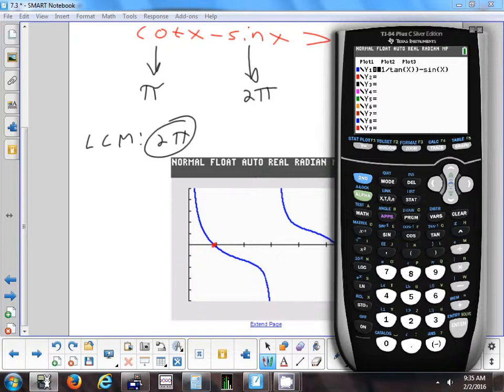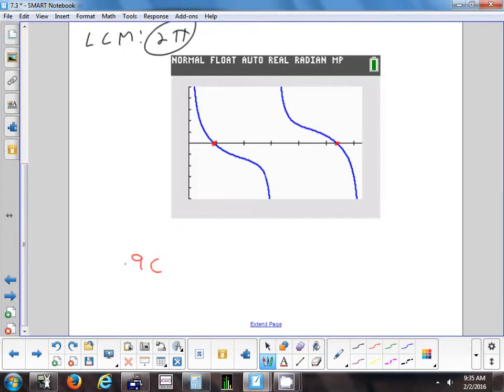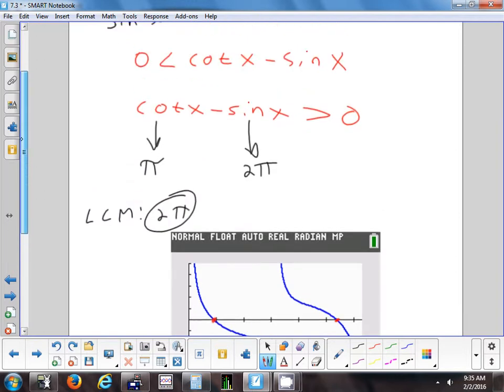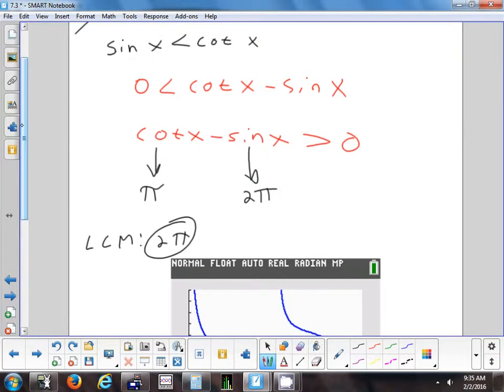We go to second calc, zero. Okay, and we're at about 0.90. Remember, it's the x value, 0.90. Now, can we equal 0.90, or is it strictly a greater than or less than? This one is just a greater than.